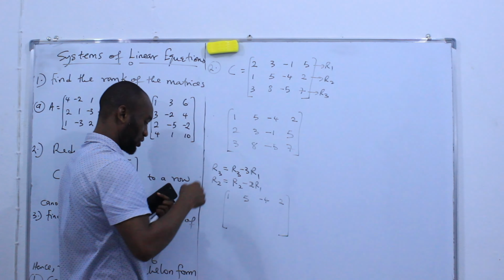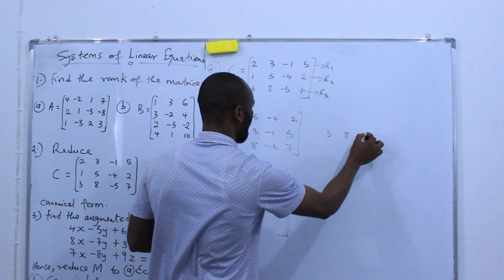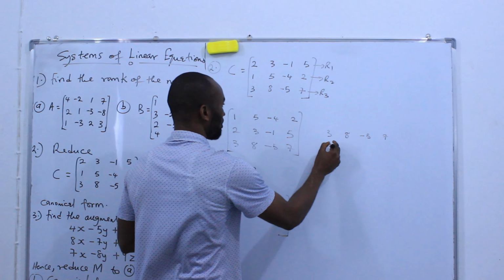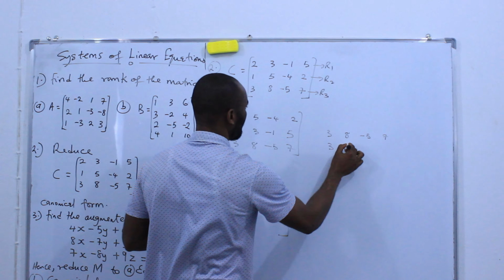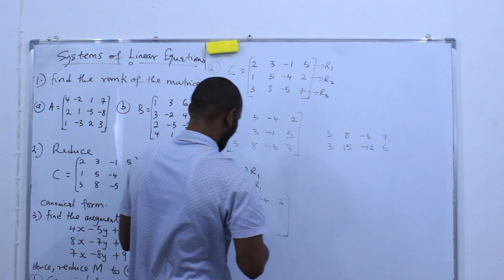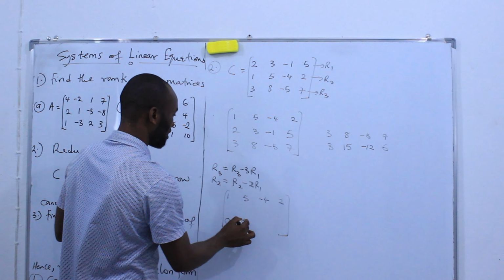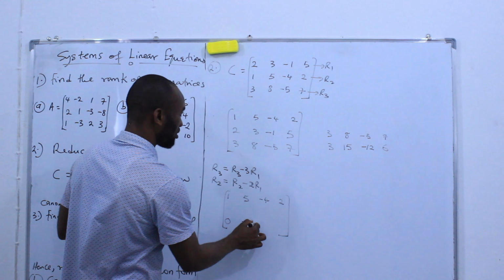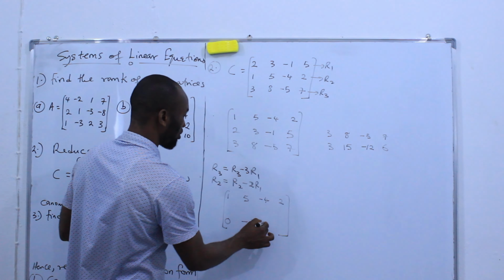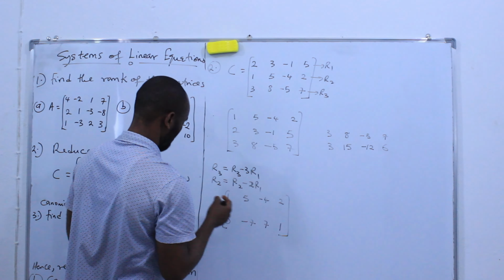R3 is 3, 8, minus 5, 7. And then 3 R1, you have 3, 15, minus 12, and 6. When we subtract that, we're going to have 0. 8 minus 15 is minus 7. Minus 5 minus minus 12 is 7. 7 minus 6 is 1.